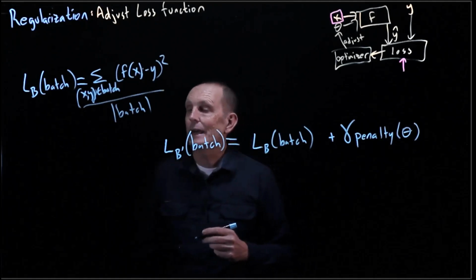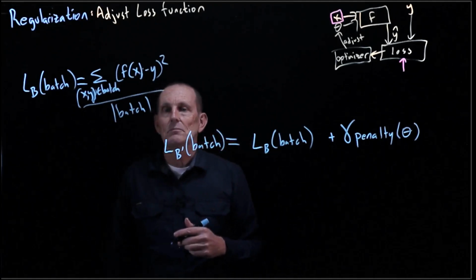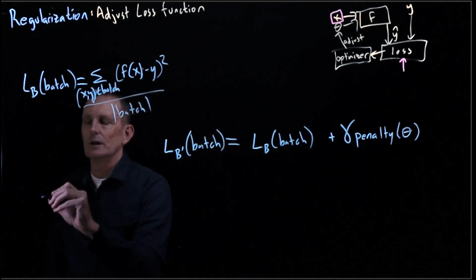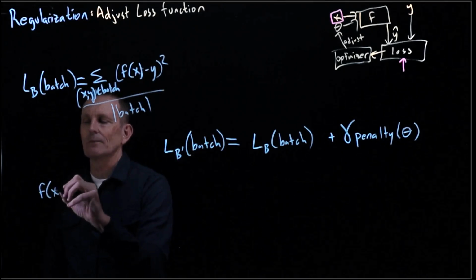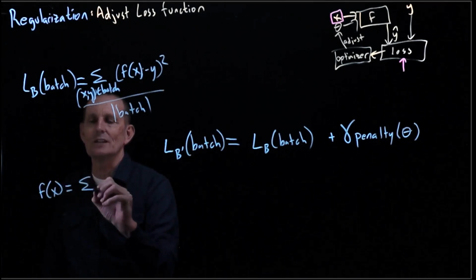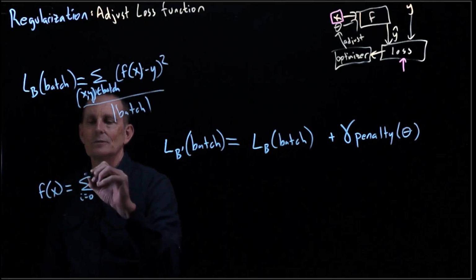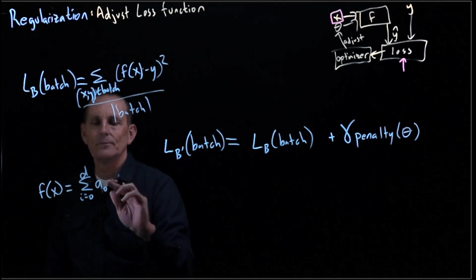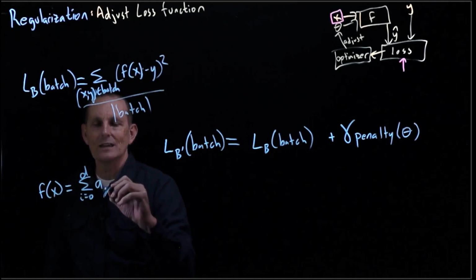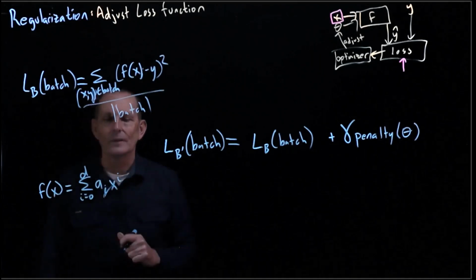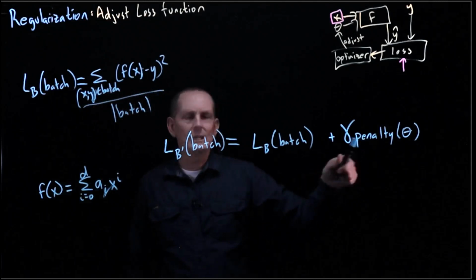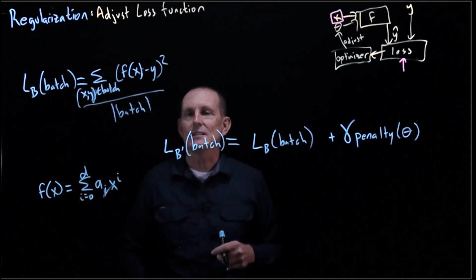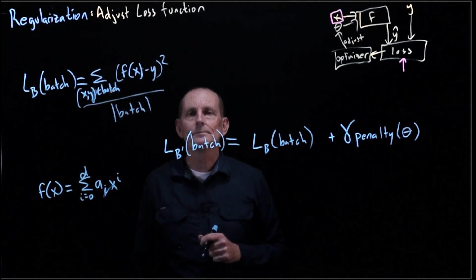If we had a d-degree polynomial, so f of x equals some summation from i equals 0 to d of a sub i x to the i. In this case, theta is basically all our a sub i's.